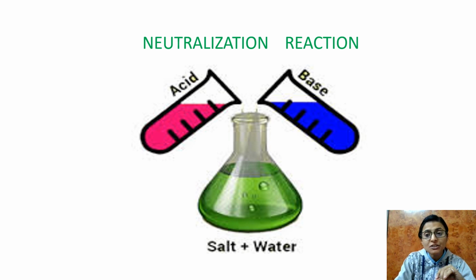For a neutralization reaction, it is compulsory to get salt with water. Without water, it is not called a neutralization reaction. If you get salt without water, the process is not called neutralization. When you get salt with water, the process is called a neutralization reaction. So you can easily form salt and water with the help of acid and base.